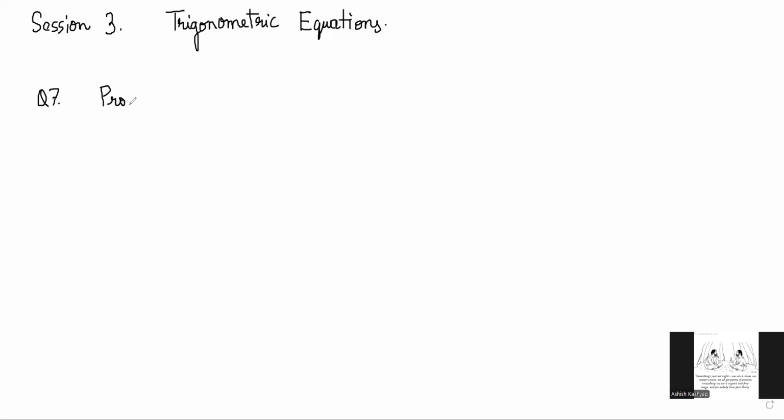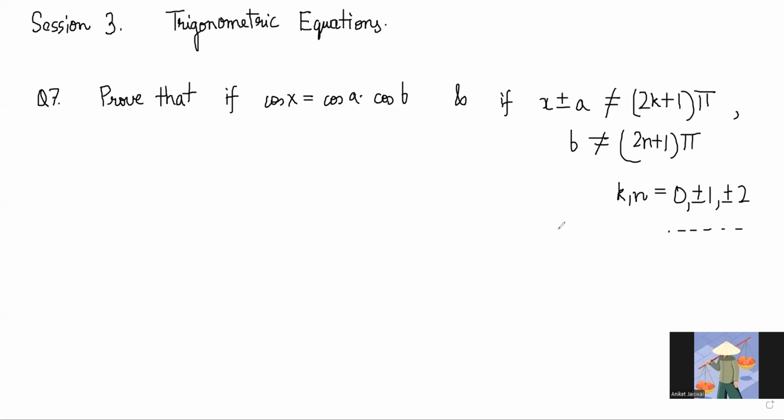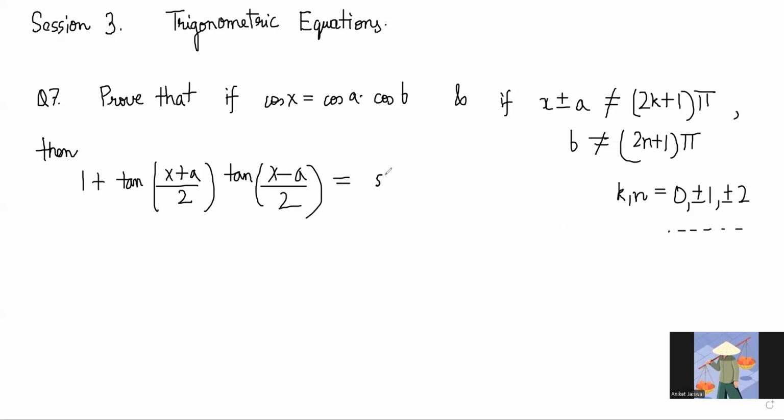Prove that if cos x is equal to cos A times cos B, and if x plus minus A is not equal to (2k plus 1) times pi, and B is not equal to (2n plus 1) times pi, where k and n are integers, 0, plus minus 1, plus minus 2 and so on, then you have to prove that 1 plus tan of (x plus A)/2 multiplied by tan of (x minus A)/2 is equal to secant square B/2.